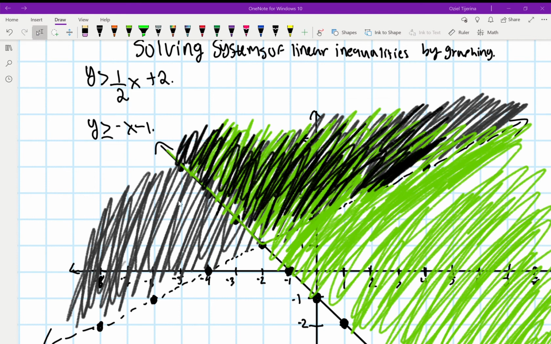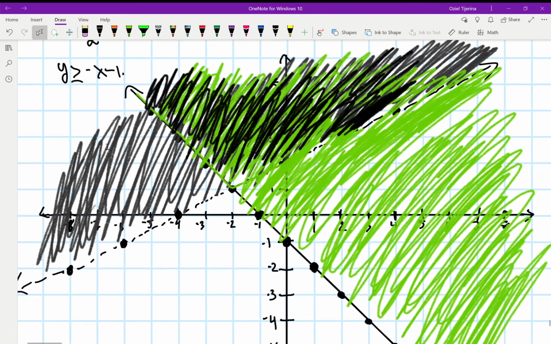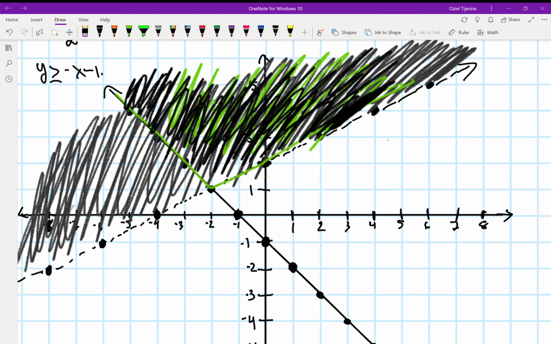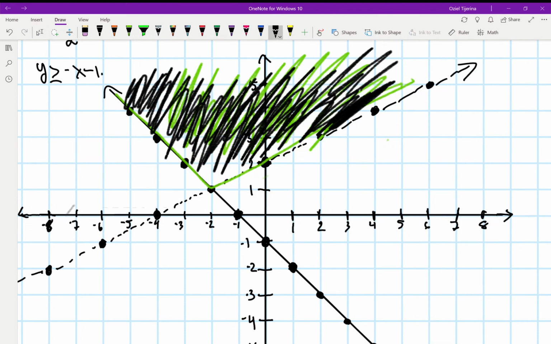That's how it would look on a graph if you were to just graph that part. And since we already did that over here, we can go ahead and delete this, and all we have to do is make sure that both of these are graphed, so like this.